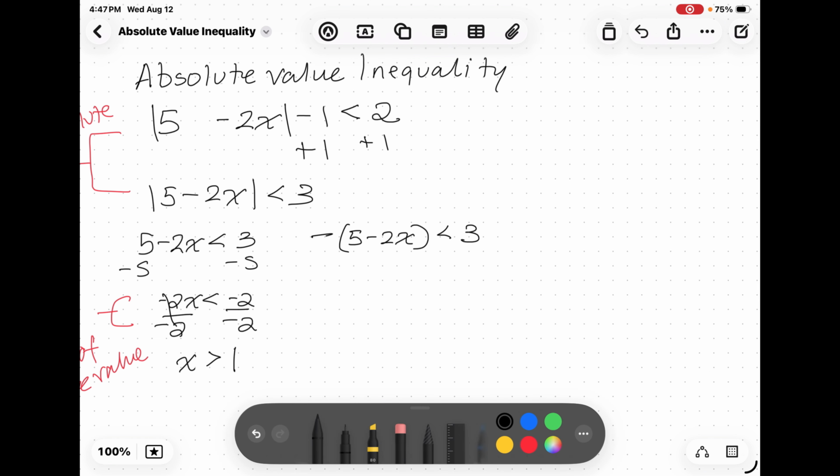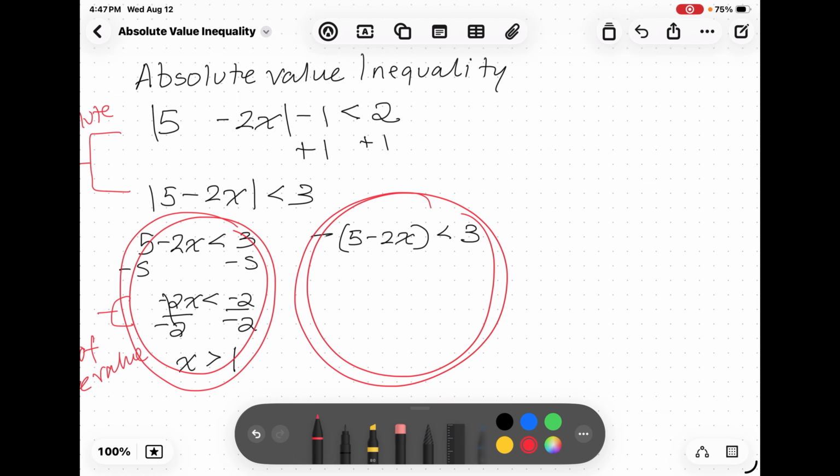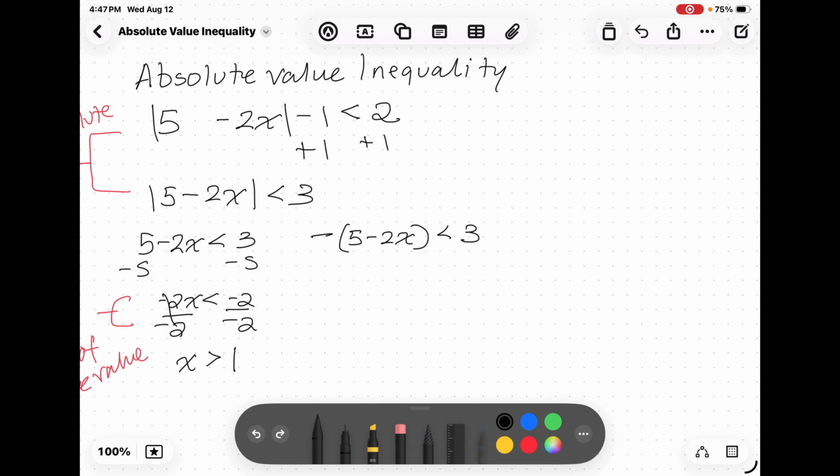Where were we? We were on the left portion here. We were doing this. Now we need to do this over here. So let's begin by simplifying the left side. I'm going to distribute the negative, and then I'm going to add 5 to both sides.